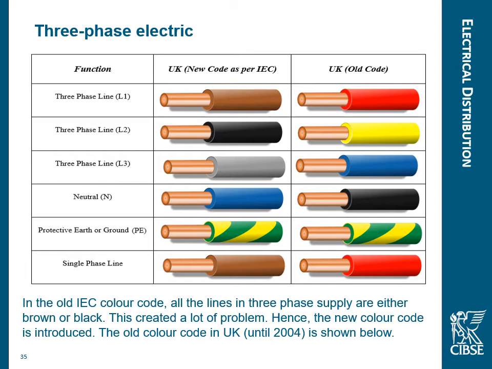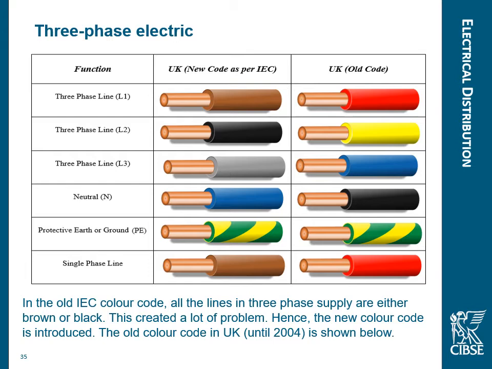Now it still works okay like this, but it can get quite confusing because some older buildings will have the old wiring and the new wiring as well. There's nothing wrong with the old wiring, it's just the colours don't fit into modern colour schemes. It was changed because of going in line with Europe.